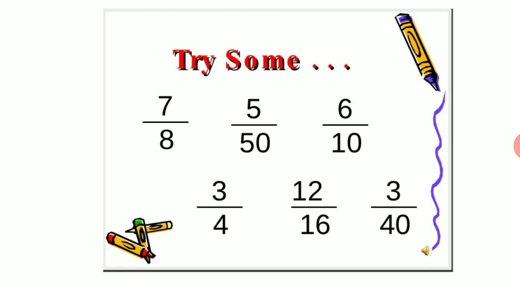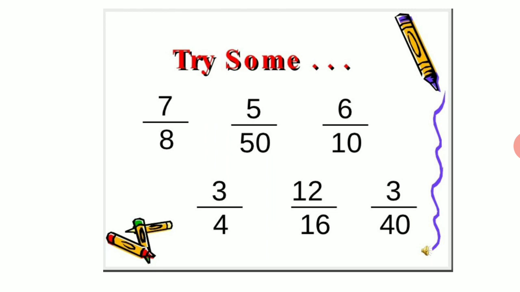Now, children, we will try some. Try to write down these questions in your notebook so that you can change these fractional numbers into decimal form. When we change 7 by 8 into a decimal number, children, we get the answer 0.875.